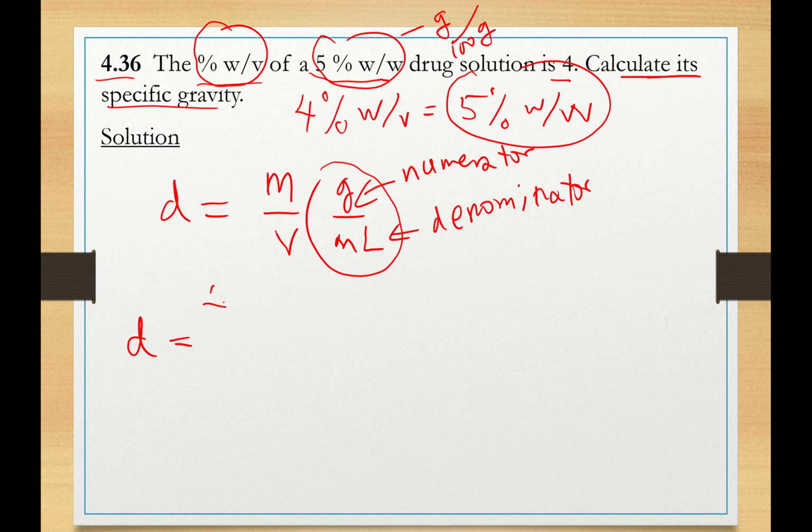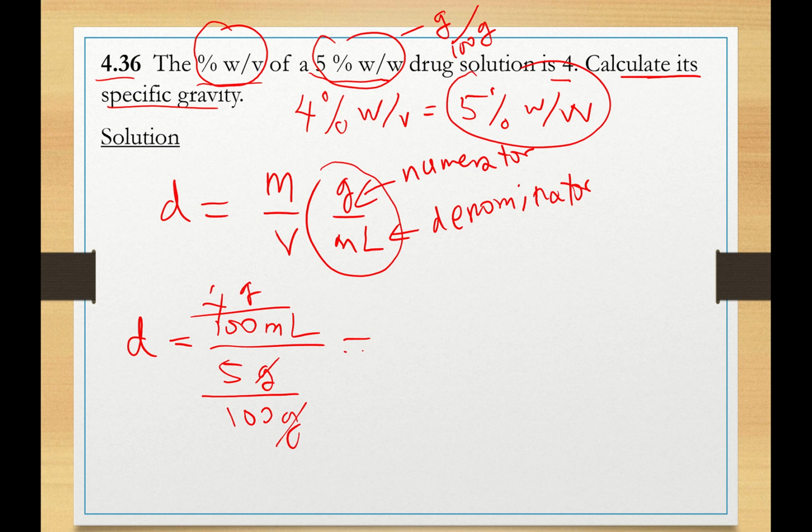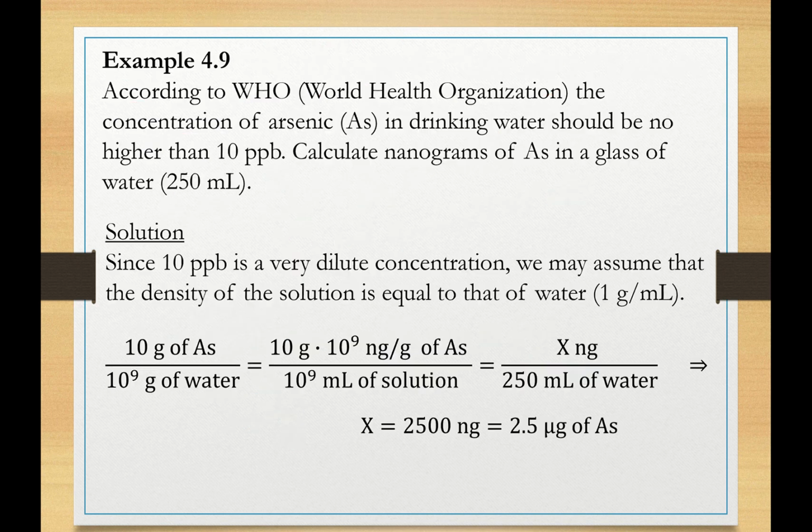So I'm just going to write it here, 4 grams per 100 ml. And here I have 5 grams per 100 grams. So grams cancel, and I end up with grams per ml. 100 and 100 cancel out, and I have 4 over 5 grams per ml, which is 0.8 grams per ml. So my specific gravity is 0.8 grams per ml.